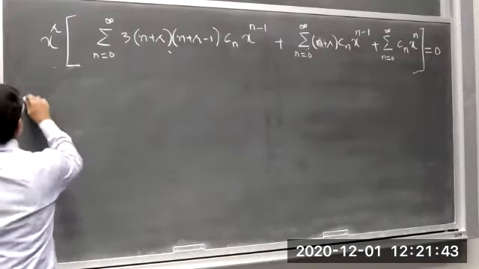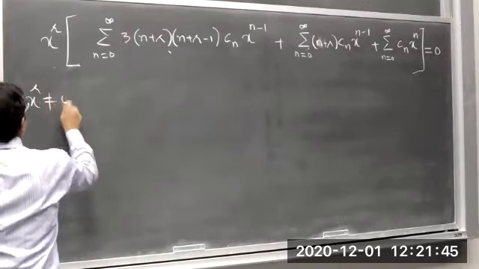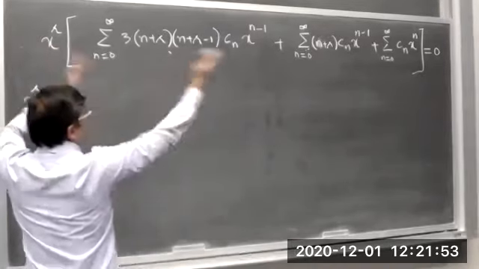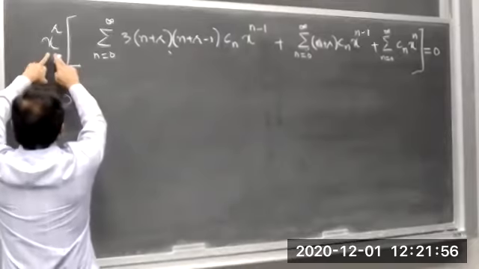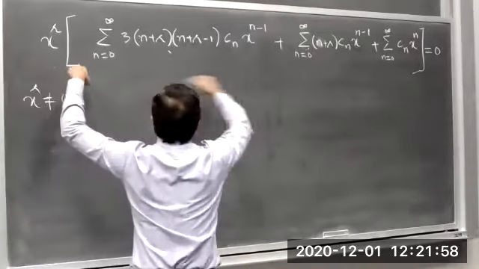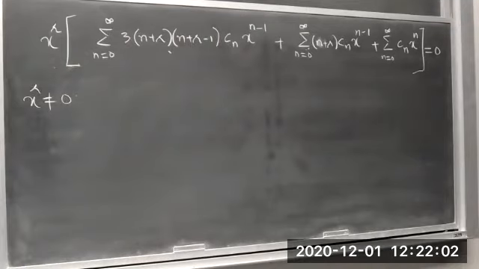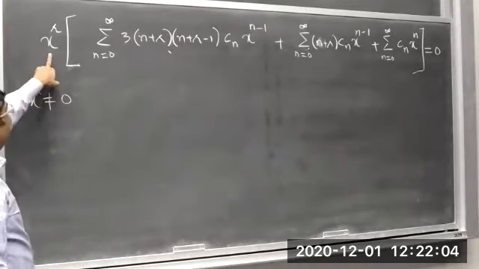Now x power r cannot be 0. Why? Because we have the product of two things equal to 0. One factor is x power r and the other factor is this whole summation of three series. In this product, x power r cannot be 0.